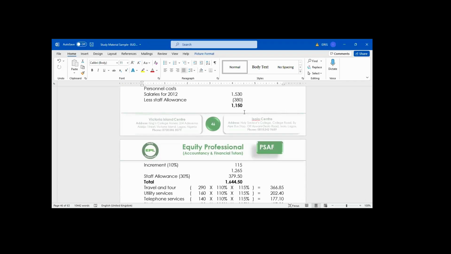The 10% increase of 1,150,000,000 is 105 million, which is going to be added. That means once we add this increase, you have gotten the 2013 personnel cost salary, excluding staff allowance.